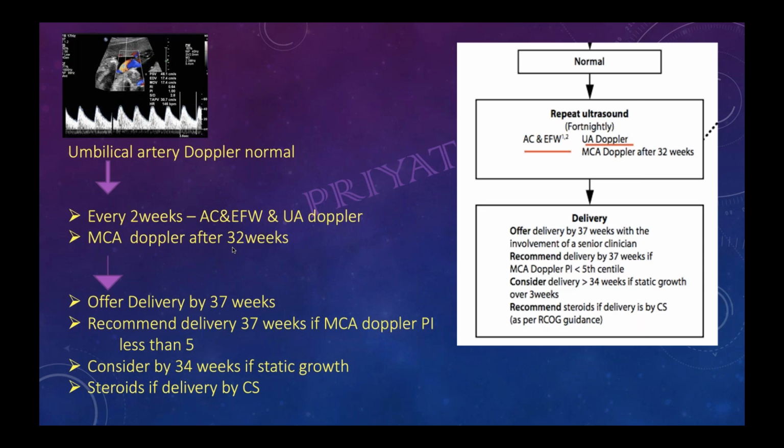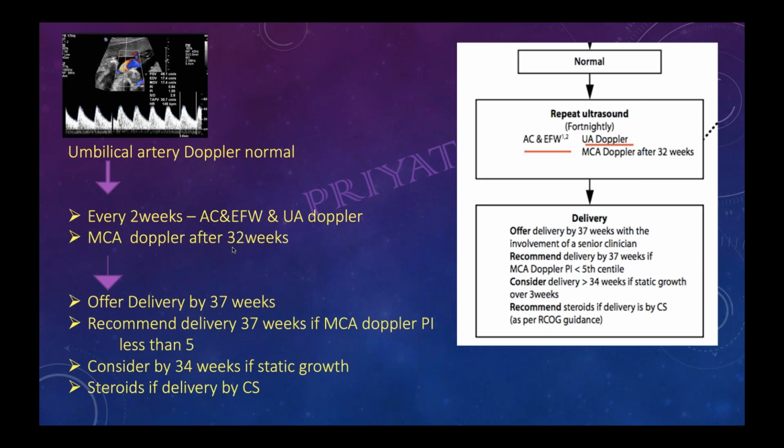If your pregnancy is 32 weeks or more, you can ask for MCA Doppler as well. Now, what will be your action plan? You have to offer delivery by 37 weeks, recommend by 37 weeks, if your MCA Doppler PI is less than the 5th centile, because you can't let this pregnancy grow further.